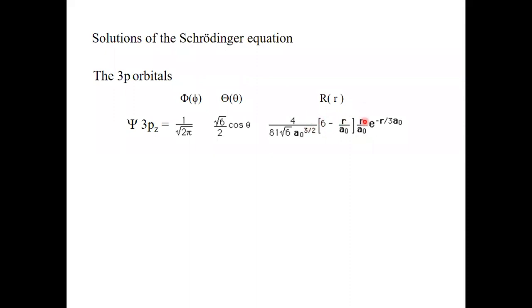So at 6a0, this term will be 0. Yeah? Because then this is 6 minus 6a0 over a0. Okay, so a0 over a0 cancels out, so we have 6 minus 6, which is 0.